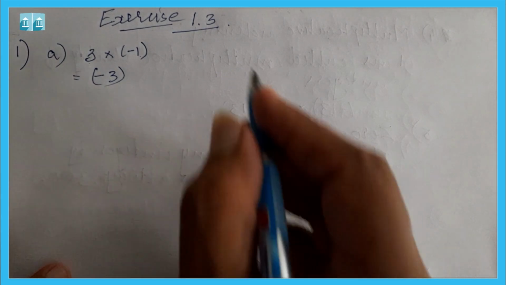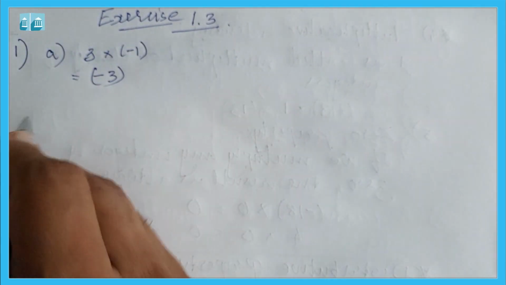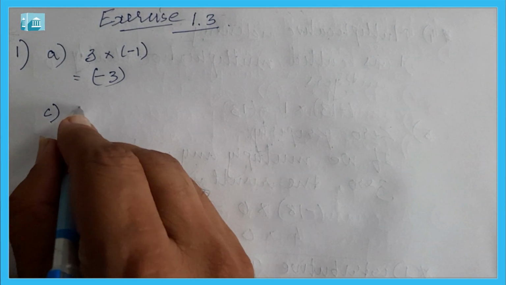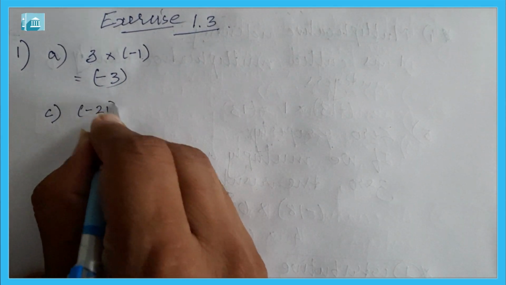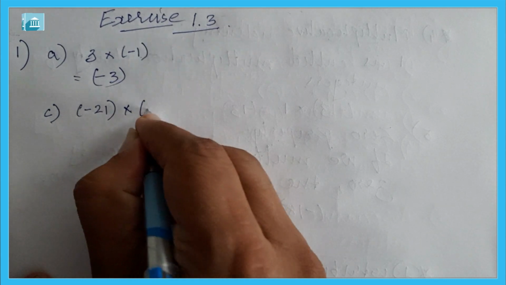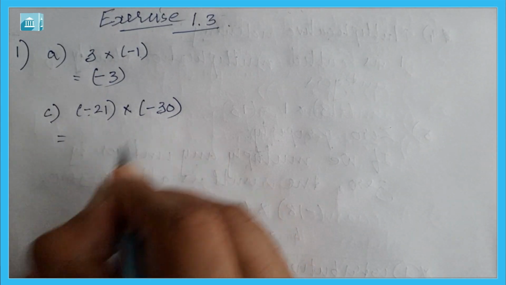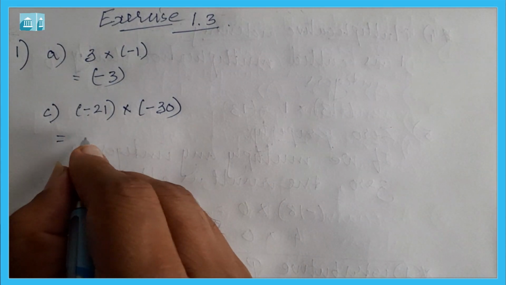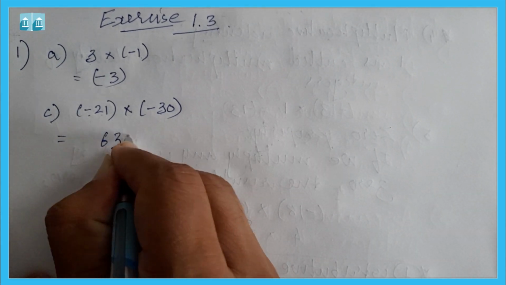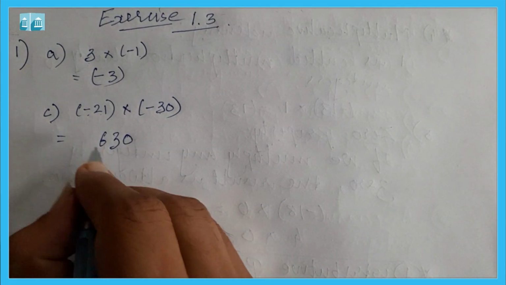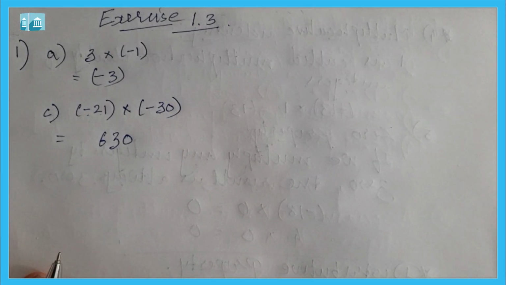Now let us see part C. Minus 21 into minus 30. Here negative into negative is there, so the result will be positive. 21 into 3 is 63, so the answer is positive 630.